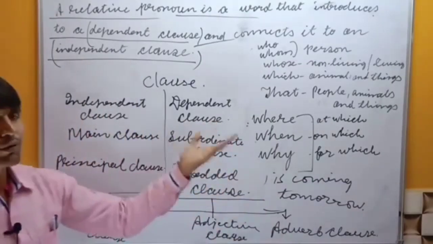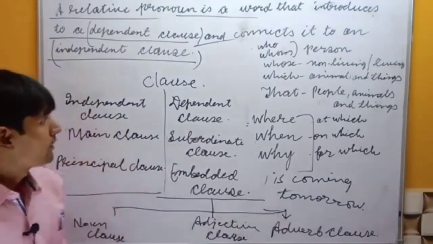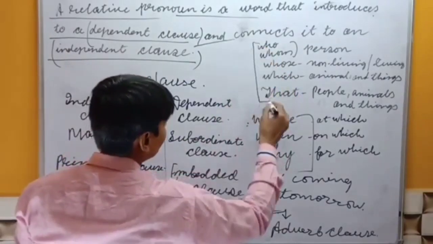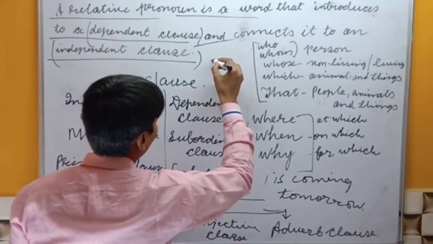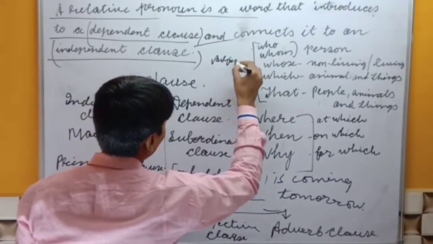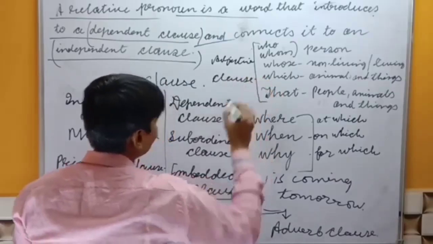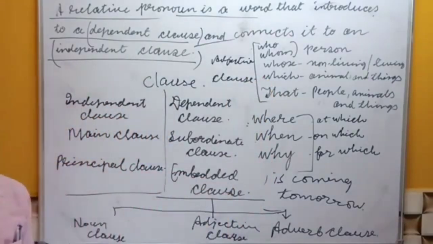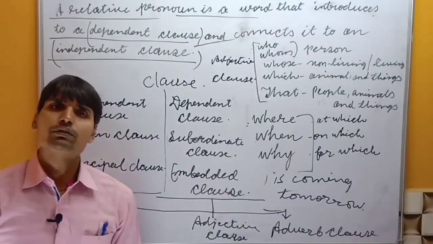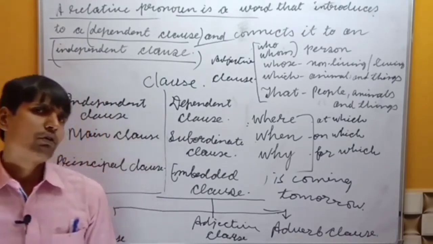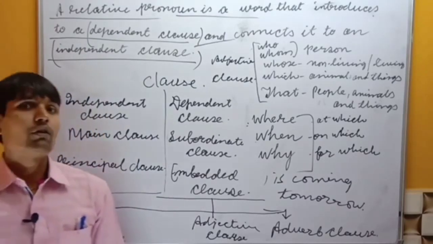So in the relative pronouns, what kind of clause would be used here? You can see that who, whom, whose, which and that are used as adjective clauses. Now the question arises: why or how can they be used as adjective clauses? Because you already know that an adjective always defines a noun or pronoun.